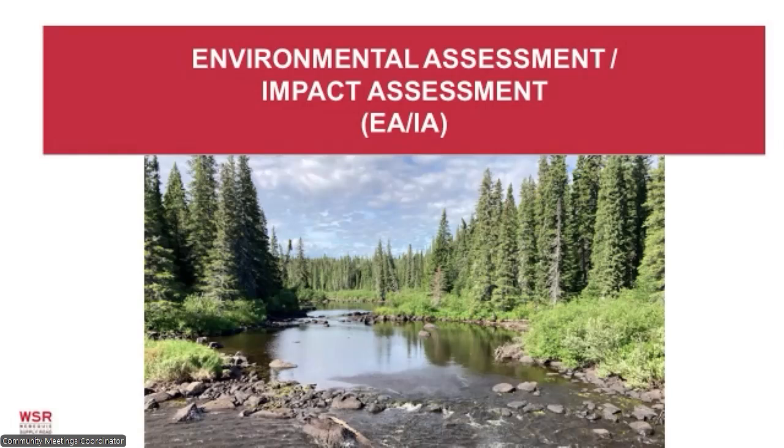For our purposes, the term environmental assessment or EA refers to the provincial process, while impact assessment or IA refers to the federal process. It includes engagement with rights holders and stakeholders to inform the process.